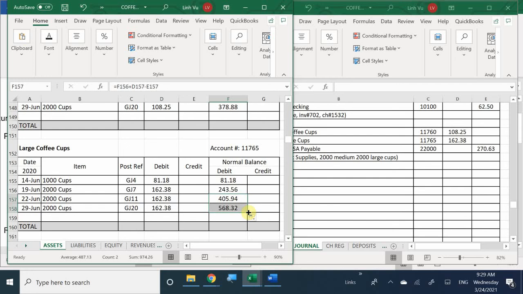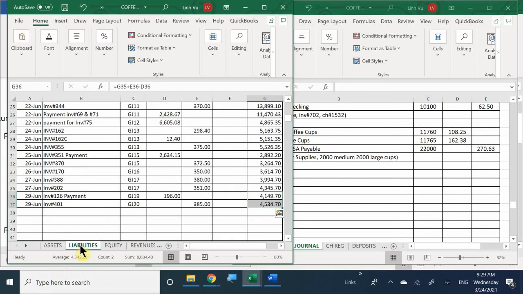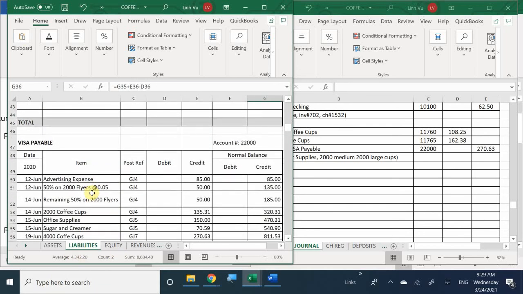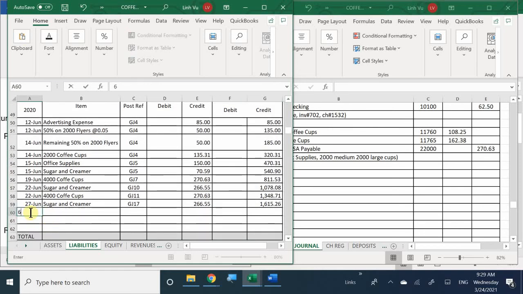All right, so lastly, we got to update our Visa payable because now we charged our Visa card. So once again, here I am, 2260, and we purchased 4,000 coffee cups for a grand total of 270.63.